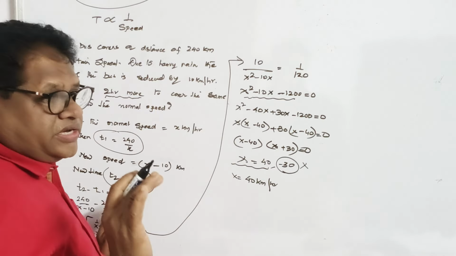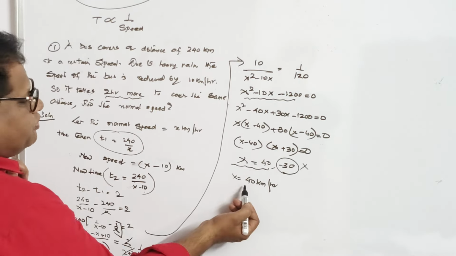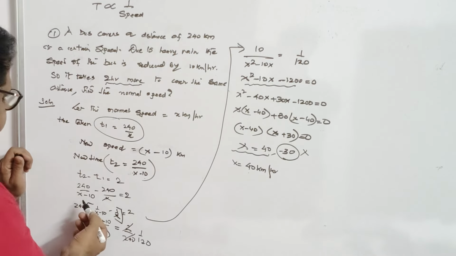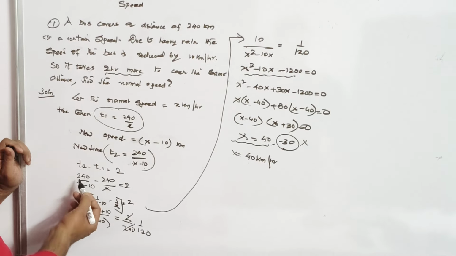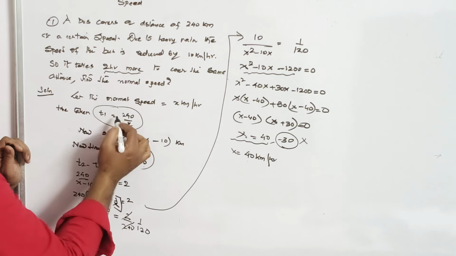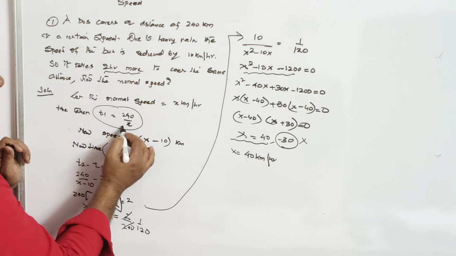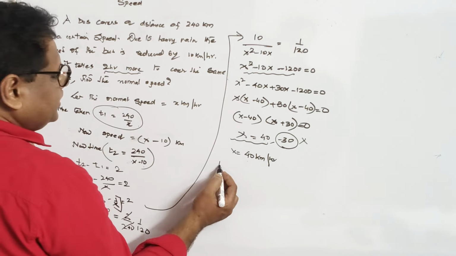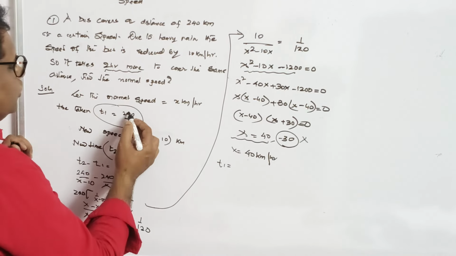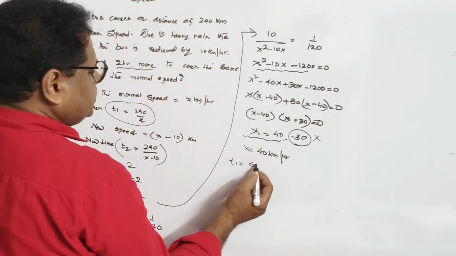You can check at the end. Just put the value of 40 over here. The time t1 was 240 by 40, that is the time taken for the first journey, which comes to 6 hours.